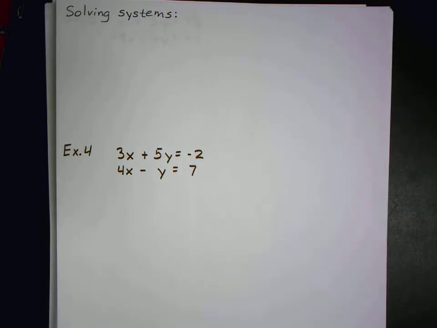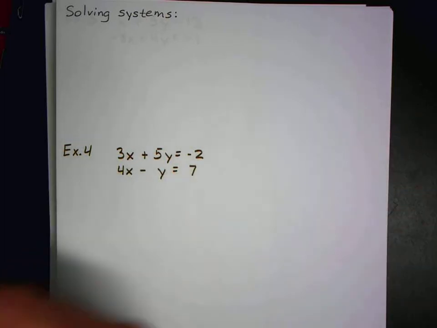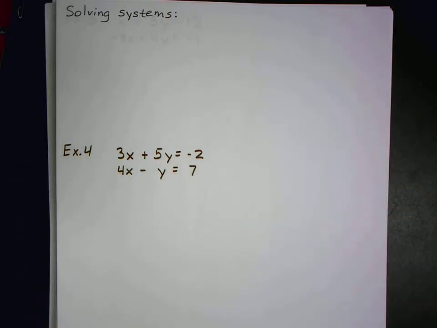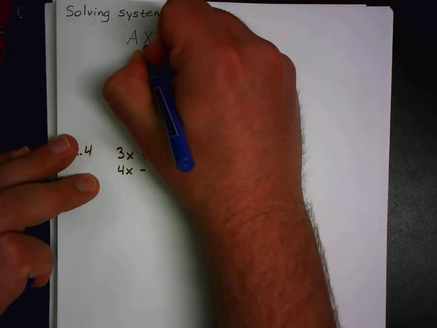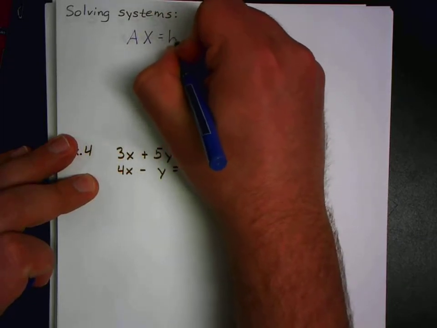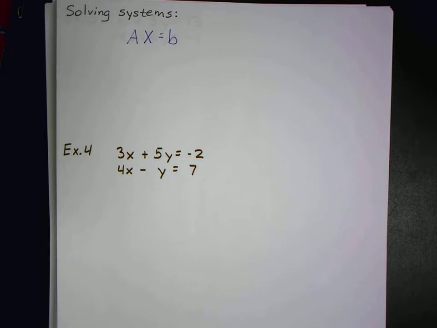Okay, solving systems. This is the goal. This is why we do inverses. What we do is we take a system of equations and we turn them into matrices. So we make it look like this.